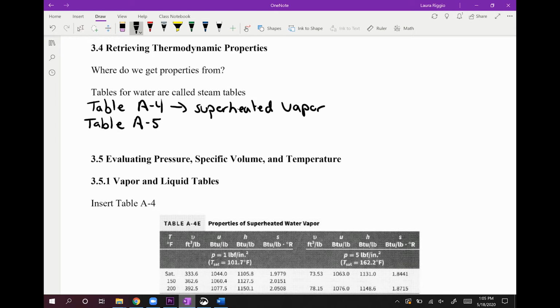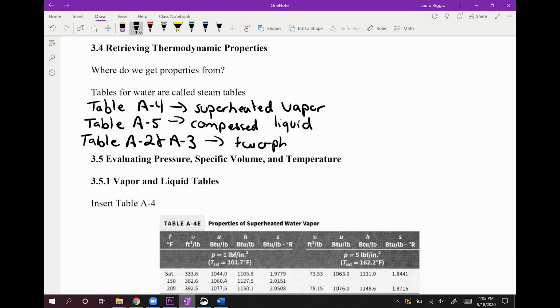Table A5 are our compressed liquid tables, and tables A2 and A3 are our two-phase liquid vapor tables.